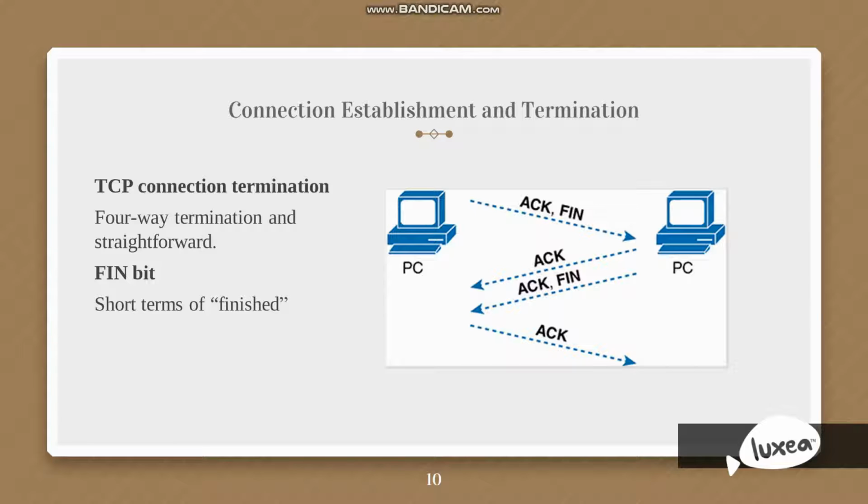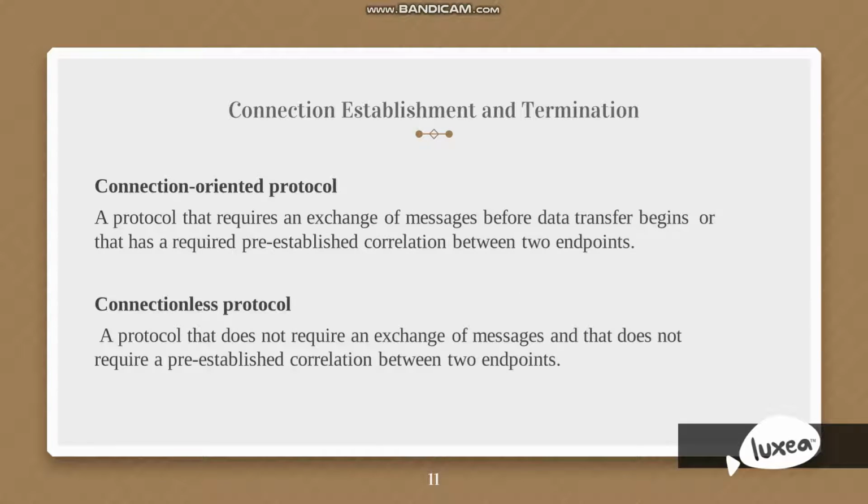TCP establishes connections between the endpoints while UDP doesn't. There are two terms that we should learn in chapter 1. First is connection-oriented protocol. Very easy, as the word says, it is a protocol that requires an exchange of messages before data transfer and requires a pre-established correlation between endpoints.